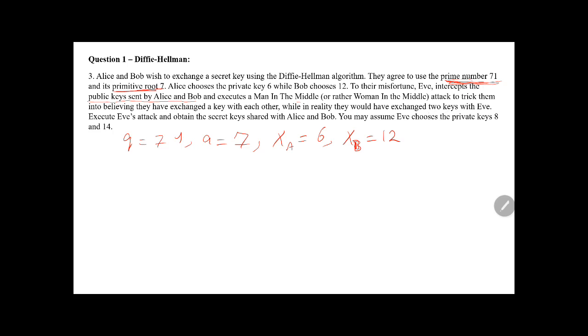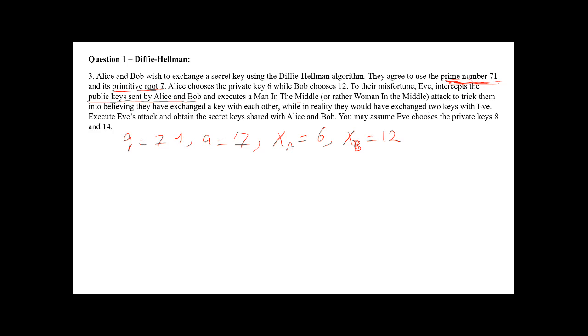So what we need to do here is execute Eve's attack and obtain the secret keys. We may assume that Eve chooses private keys 8 and 14, one for Alice and one for Bob.